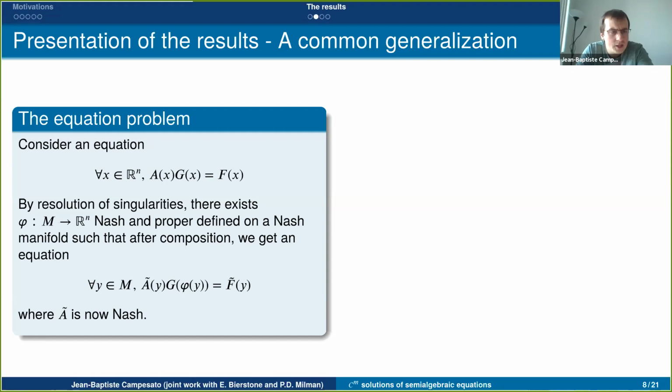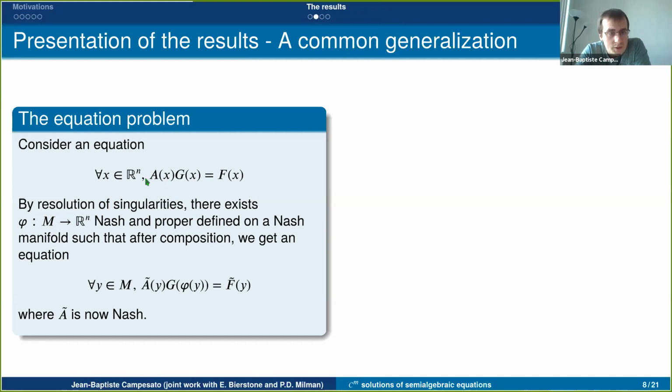Nash simply means semi-algebraic and infinitely differentiable, or equivalently semi-algebraic and analytic. Such that when we compose A with phi, we obtain a matrix whose entries are not only semi-algebraic, but also Nash, so also real analytic.